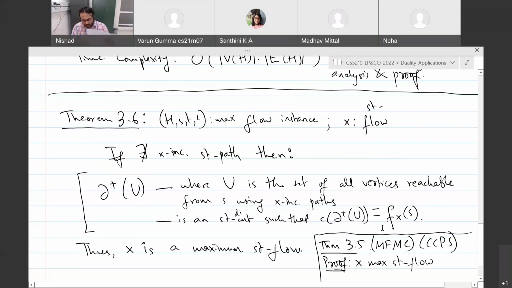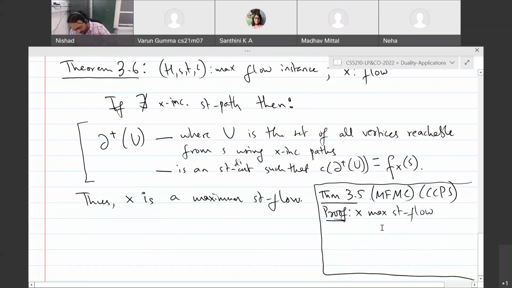So automatically this means that there does not exist an X-incrementing ST path. But then the theorem statement tells us how to get the cut whose capacity will be exactly equal to the flow value.